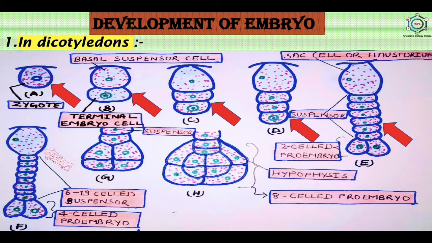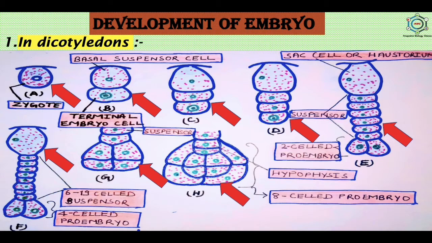Now, each of the two terminal cells of the tetrad stage of the proembryo divides longitudinally, forming the four-celled quadrant stage. And each of the four cells of the quadrant stage then divides by transverse division to form the 8-cell octant stage.